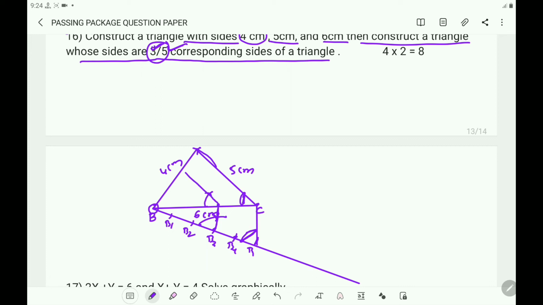Then you join here. So these two are parallel and this is A dash. This is the required triangle. This is roughly discussed, but follow the actual construction steps and learn the construction perfectly.